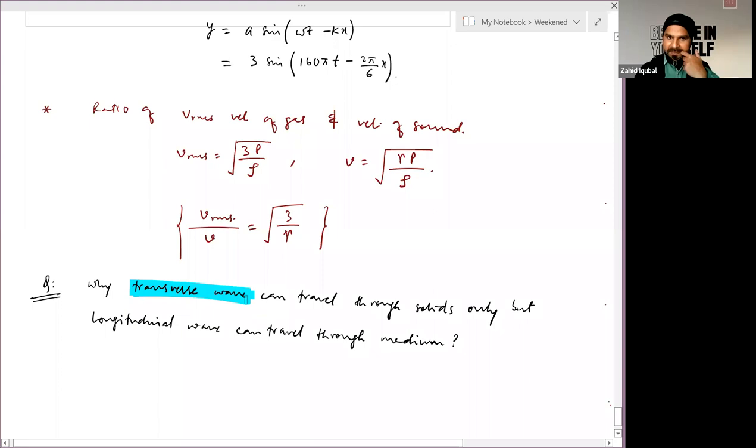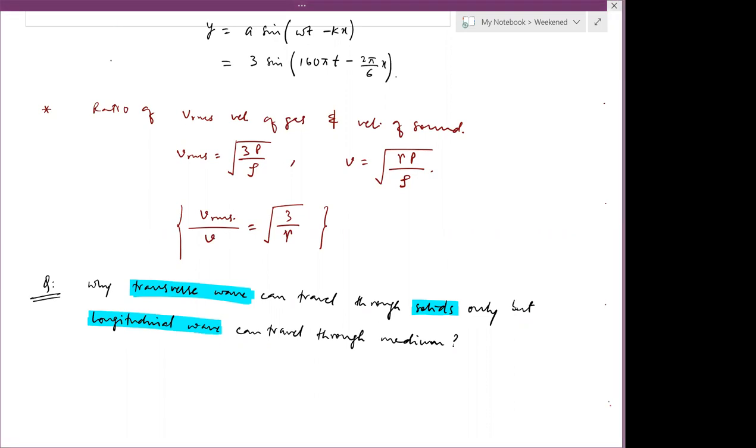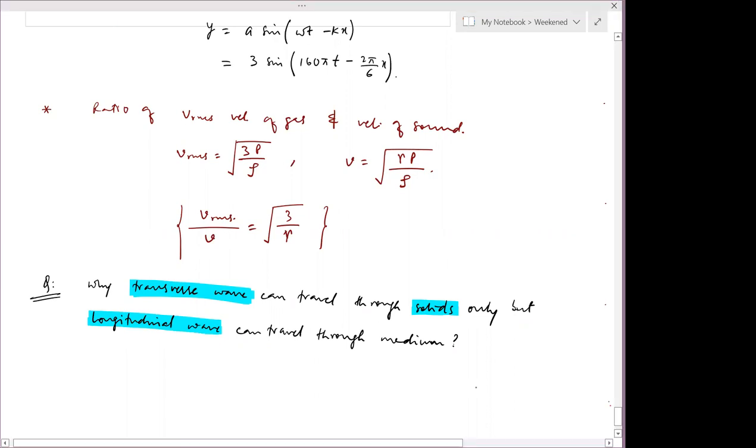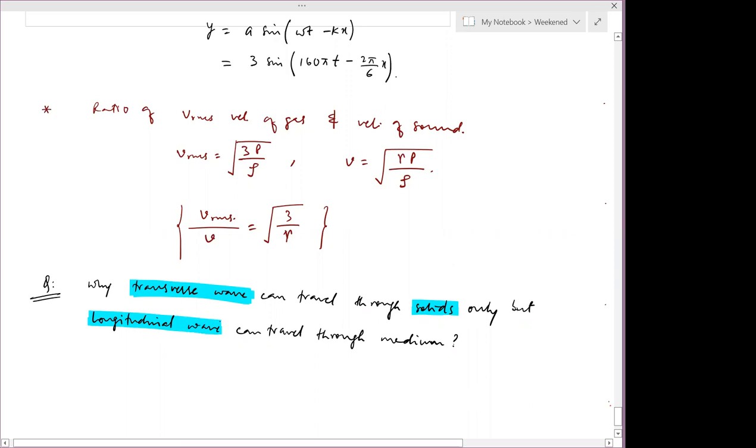Saifullah, could you explain why transverse wave can travel through solids only, but longitudinal wave can travel through all medium? Sir, I think in transverse wave, it has a lot of area and it has also low densities in the mediums.